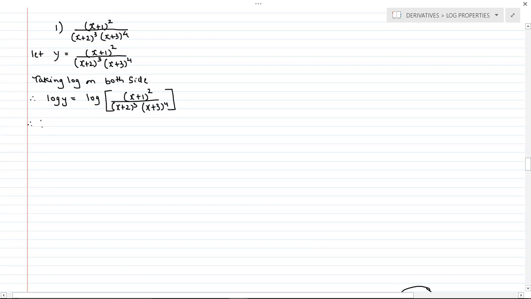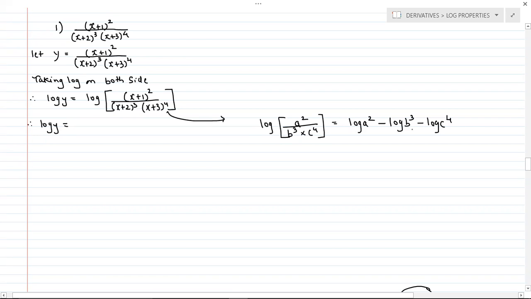Clearly this looks like log, just replace x plus 1, x plus 2, x plus 3 by some other alphabet to make the concept easier. In the numerator we have only one term, so it goes with a plus symbol, and the denominator goes with a negative symbol. Yes or no? I had explained all this in the last lecture.